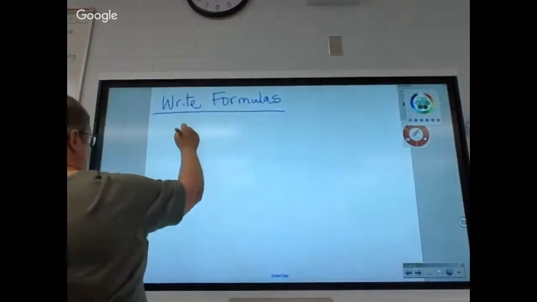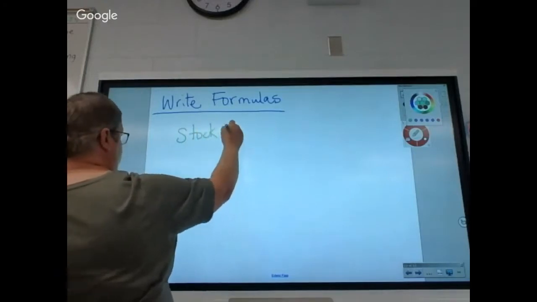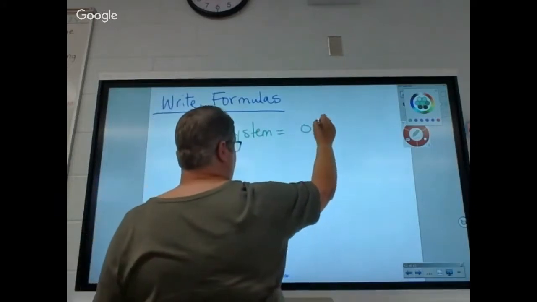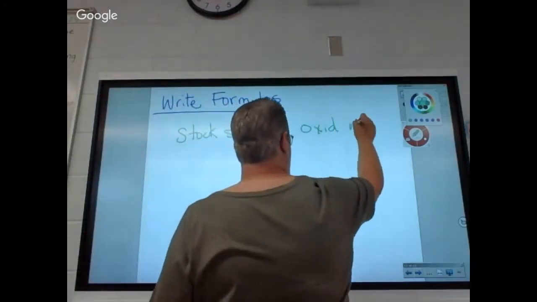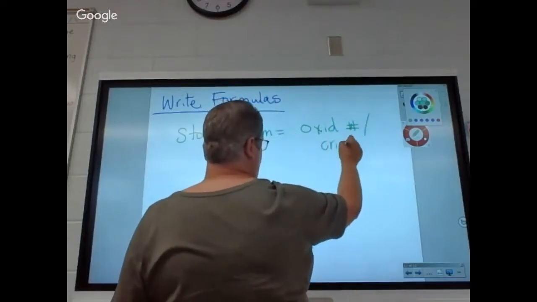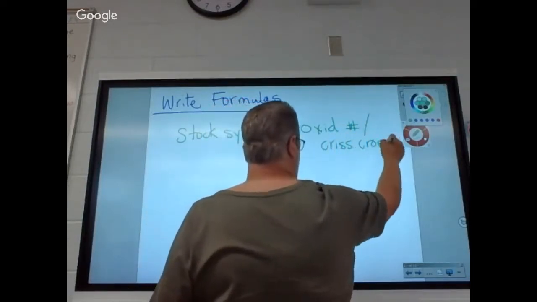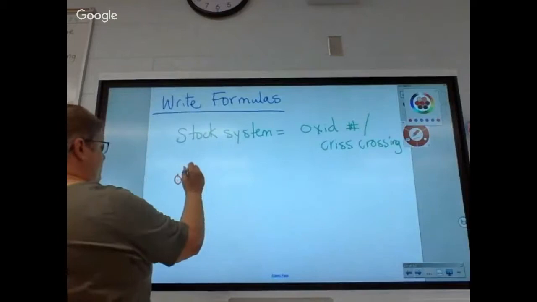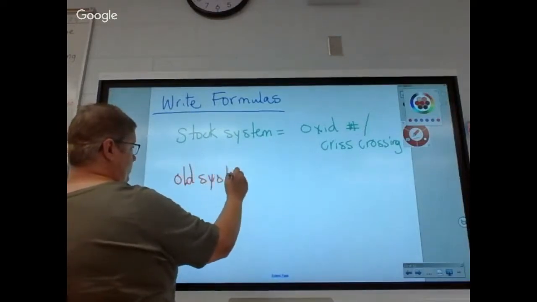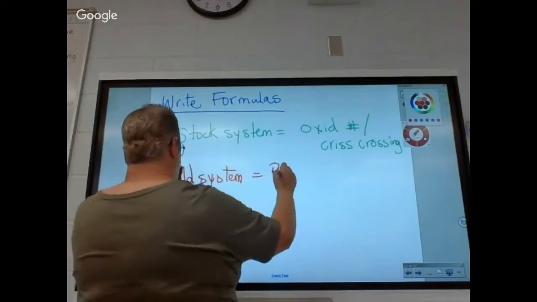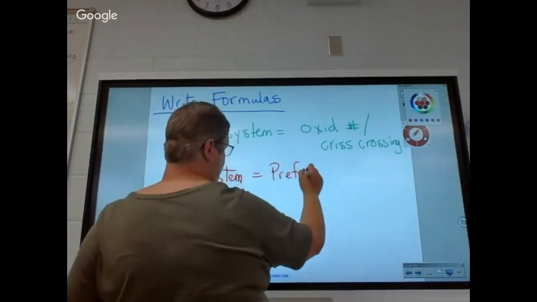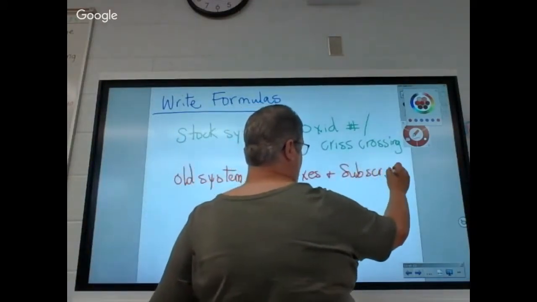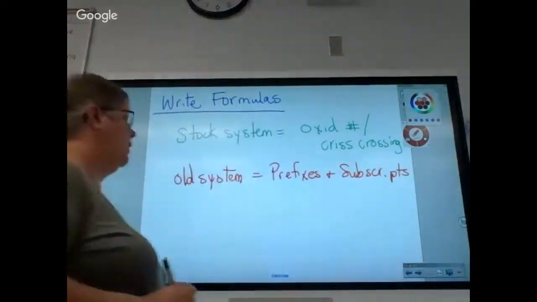All right, so stock system equals oxidation numbers and crisscrossing. Old system equals prefixes and subscripts. Okay?